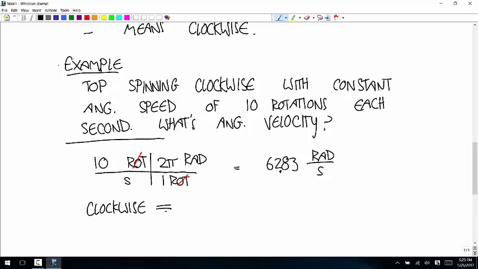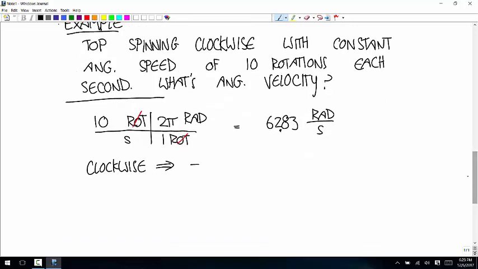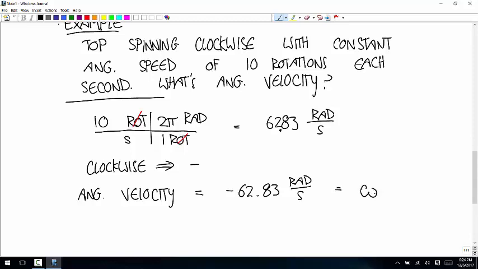Clockwise means it's negative. So the angular velocity is negative 62.83 radians per second. And we're always going to denote the angular velocity with the Greek letter omega, lowercase omega. So it looks sort of like a round W.